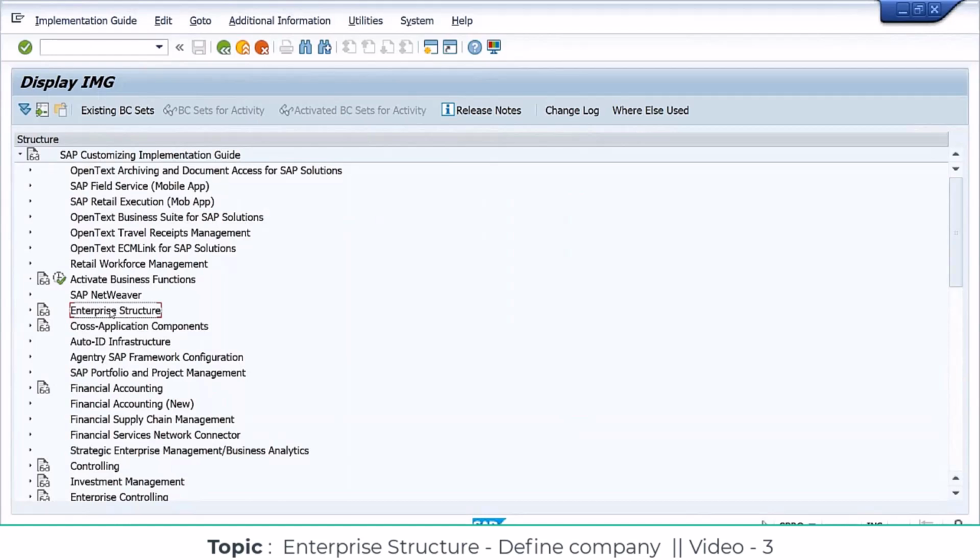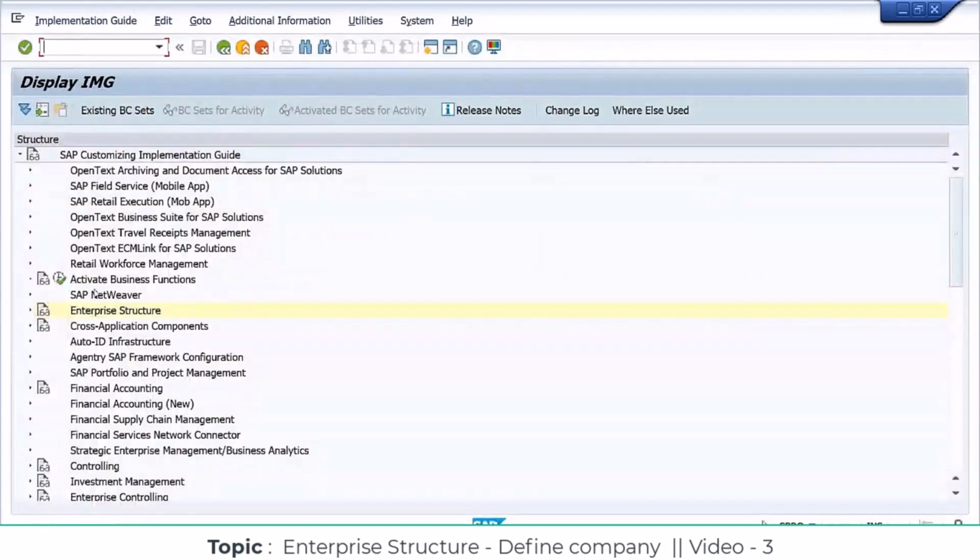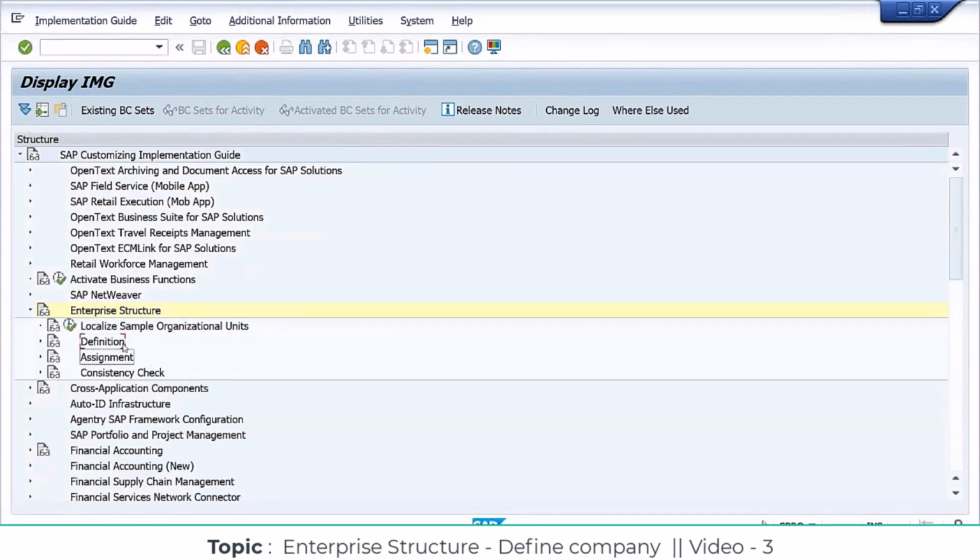Enterprise Structure. In case you want to know what exactly this means, there is documentation available. You can simply click on this documentation and read the information provided, what exactly this enterprise structure is all about and what type of information it provides. Here I'm clicking on this drop down icon, and there are two things we need to focus on: definition and assignment.